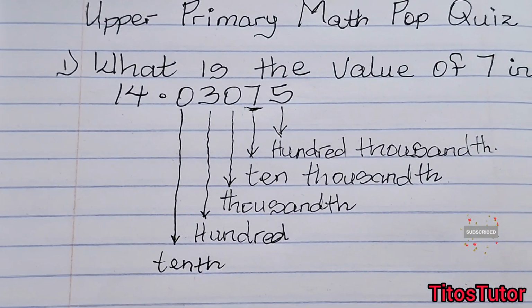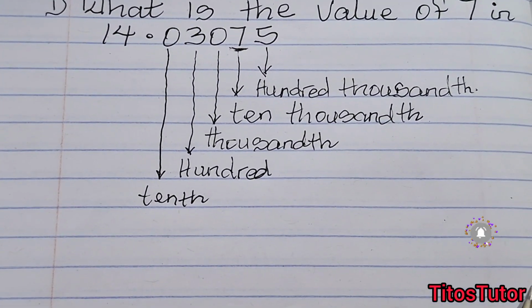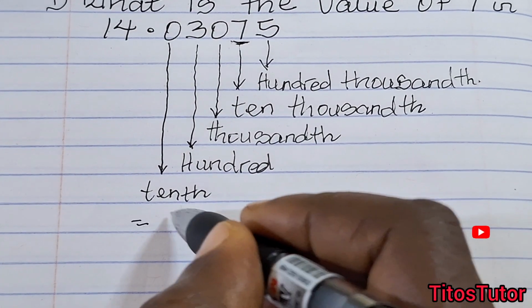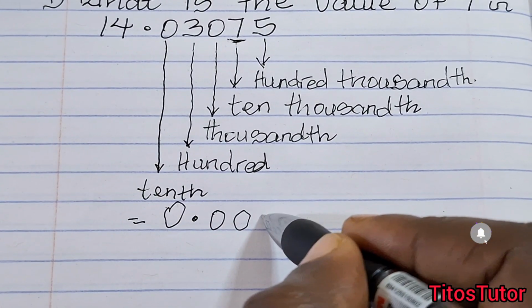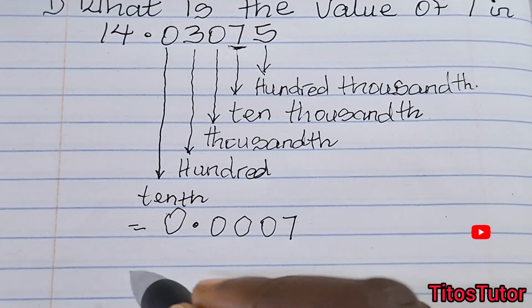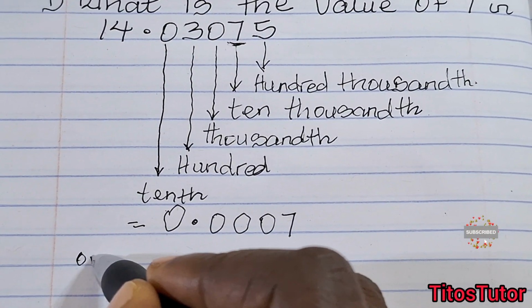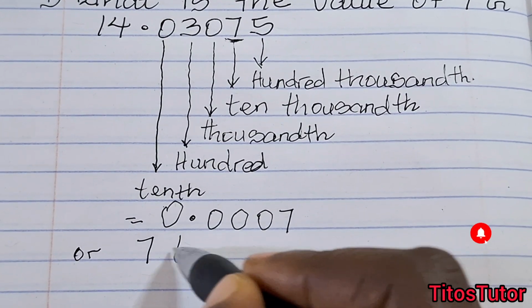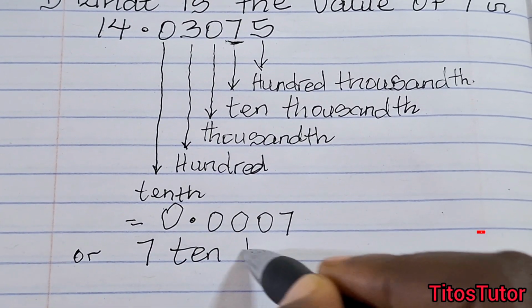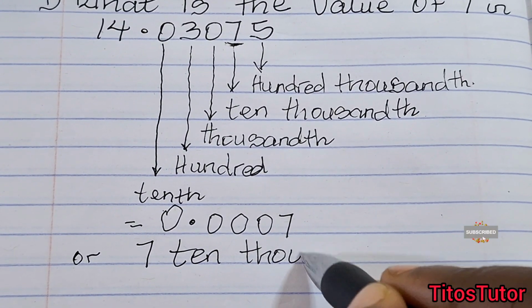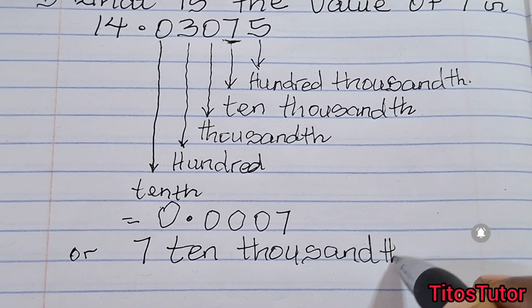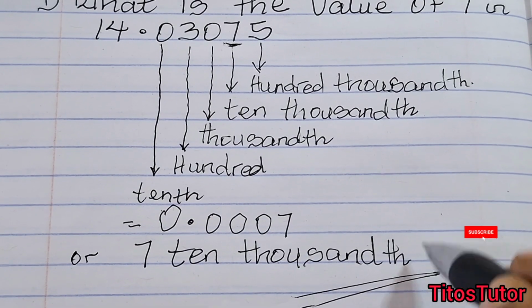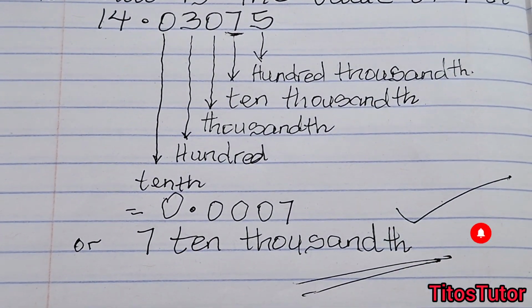So our final answer is 0.0007 in figure, or 7/10,000th in words. And we are done.